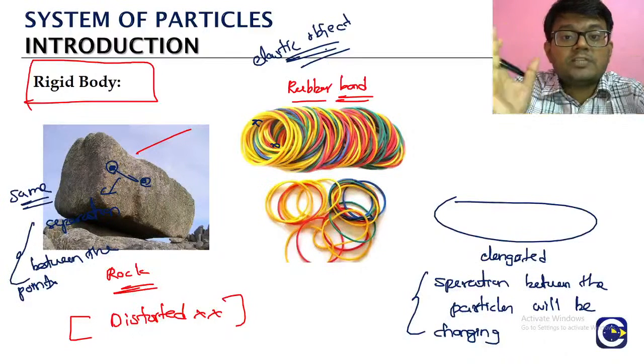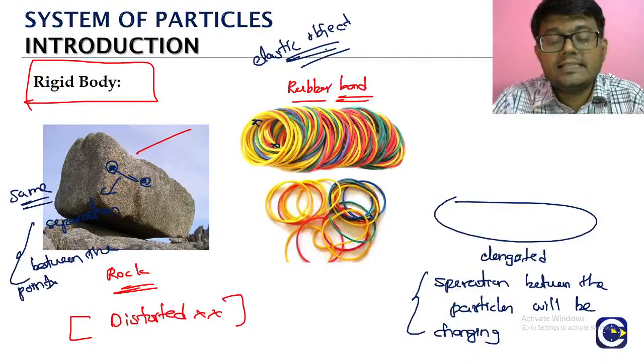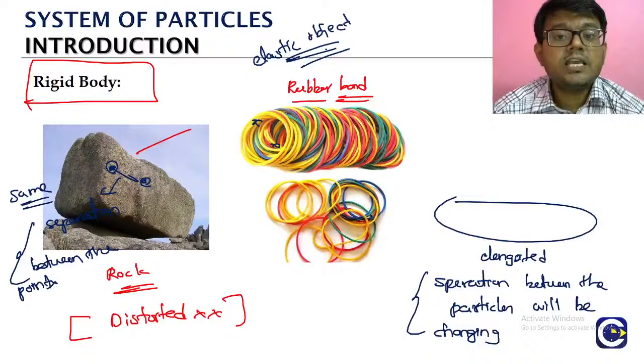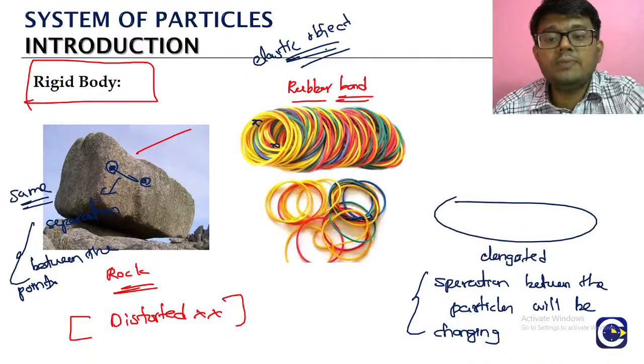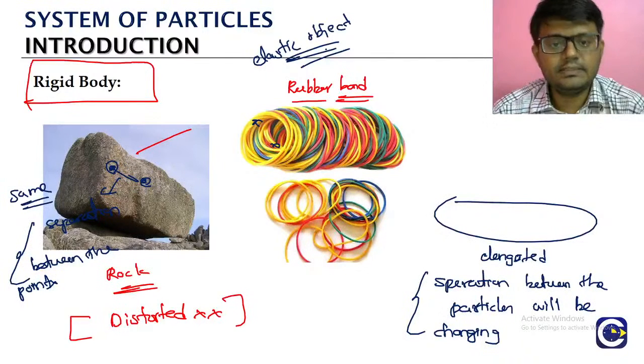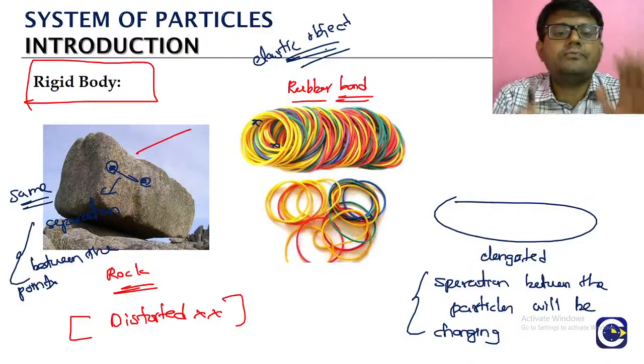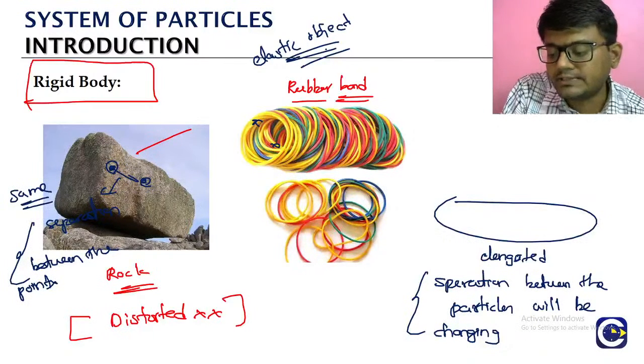When the number of particles becomes very large, as in an extended body, which may be rigid or elastic, we will have to see how the study of motion is relatively simple for a rigid body and how it gets complicated for an elastic body. We will see that as we go into the discussion. But this is the general idea of what a system of particles is.